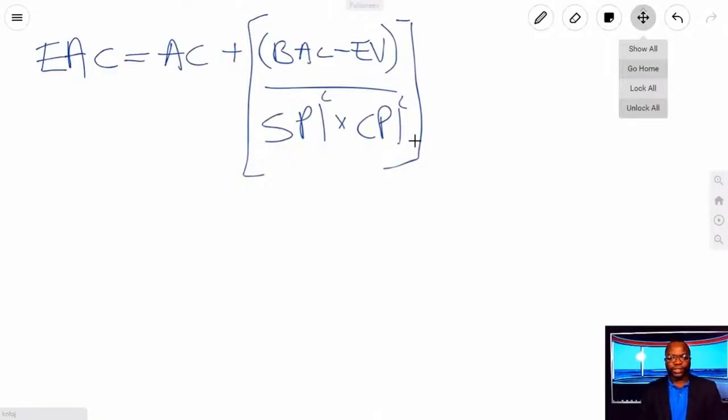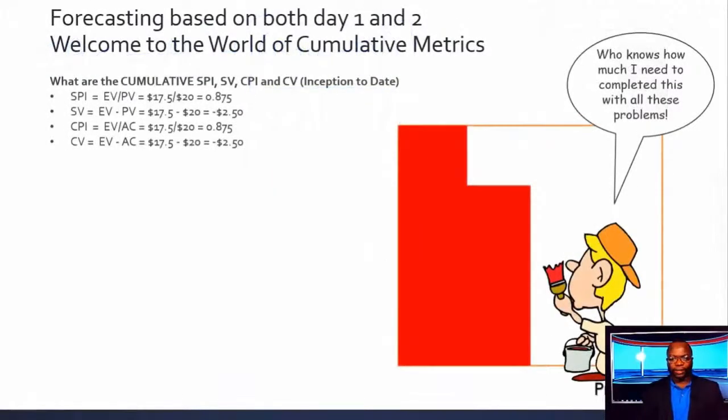So let me change gears here and show you what I'm looking at here. What I'm showing you right now, I've already done the maths for you. I've done SPI, CPI, CV, SV, cumulative, day 1 and day 2. There's not enough time for me to quiz you on that, but I hope you get the picture. If you look at day 1 and day 2 together, the PV is 20, right?